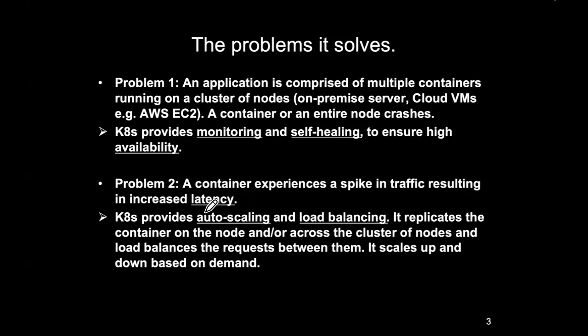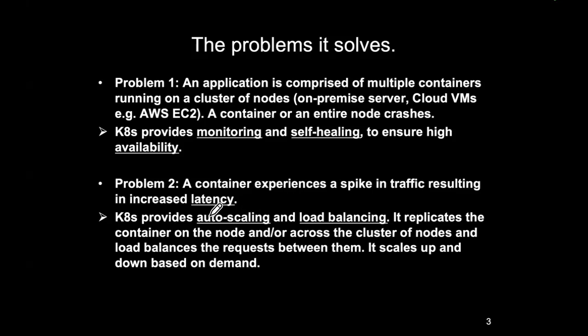So once you define the policy, then Kubernetes will take care of enforcing that policy by scaling up, making multiple instances of a container, and similarly scaling down if the spike in demand suddenly starts to decrease, then we don't need to have additional instances of our containers running. So it will start shutting down containers.